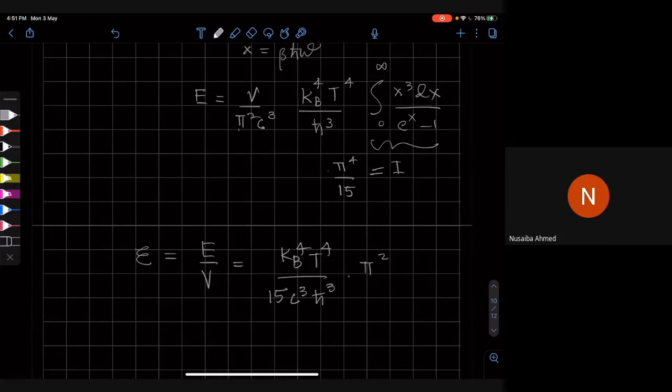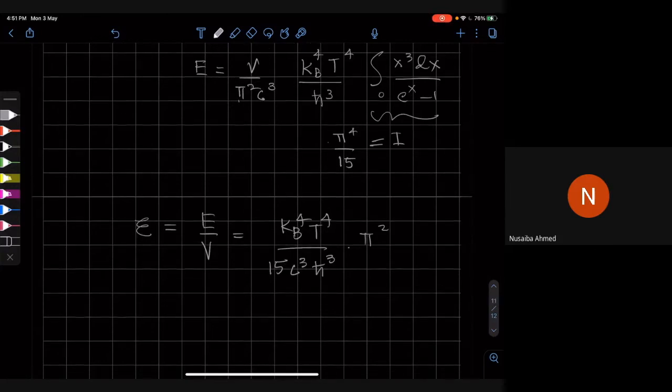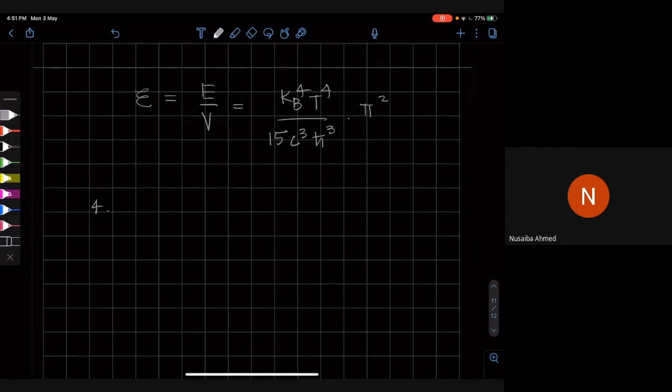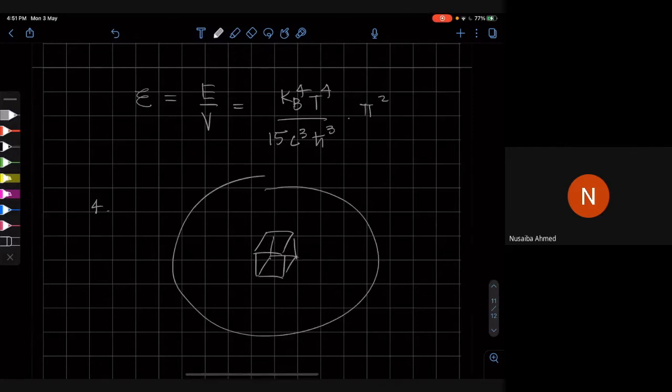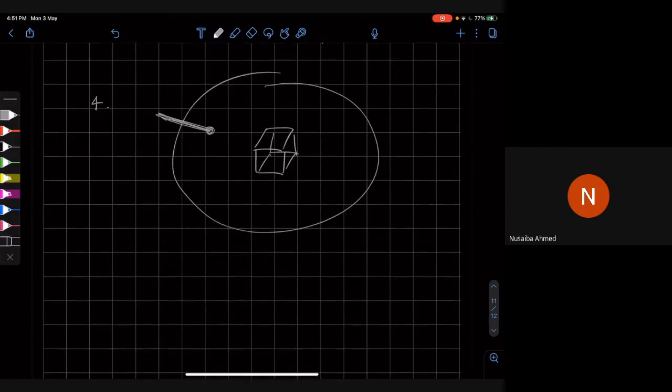So lastly, the thing I wanted to mention is, suppose this is your black body and you are looking at this point. What is the rate of energy flux that is coming out here?